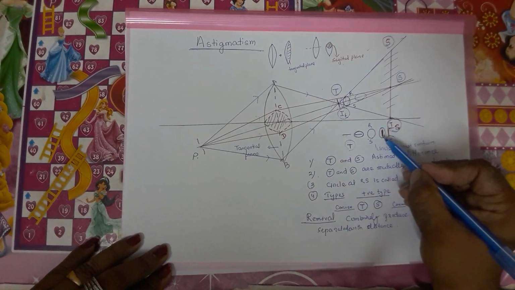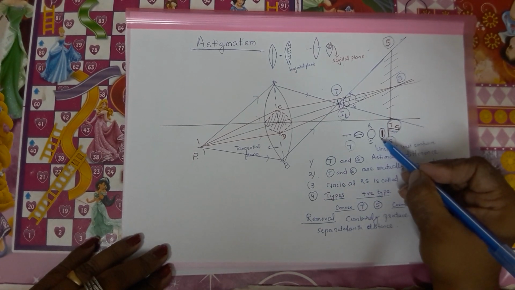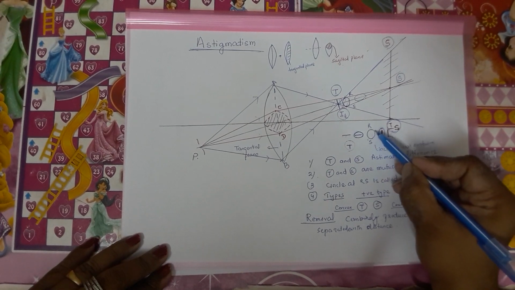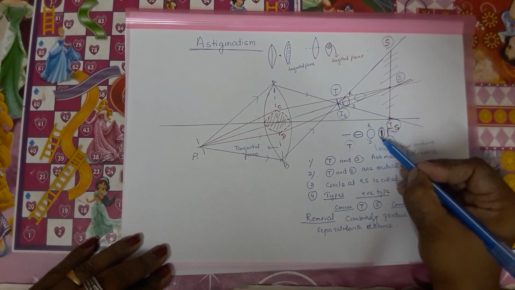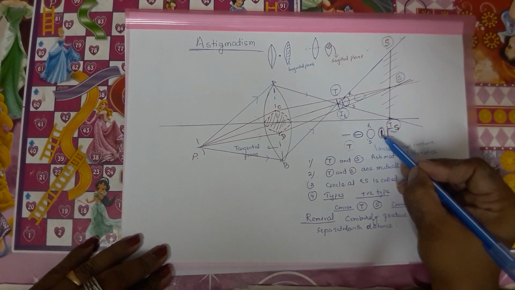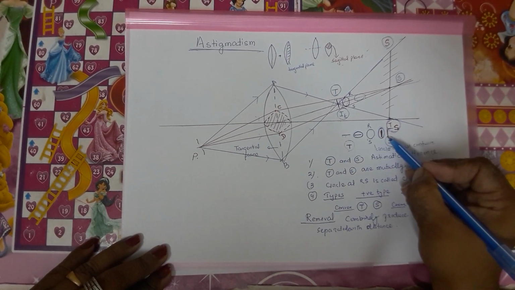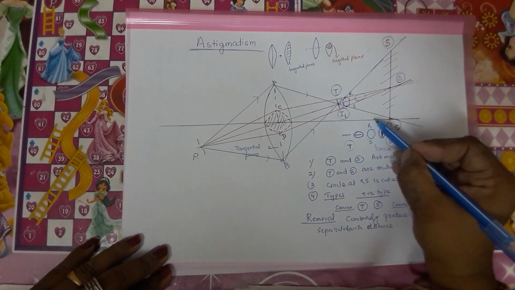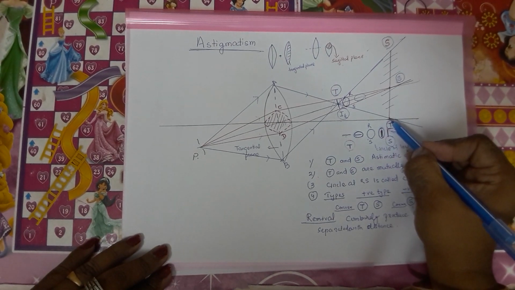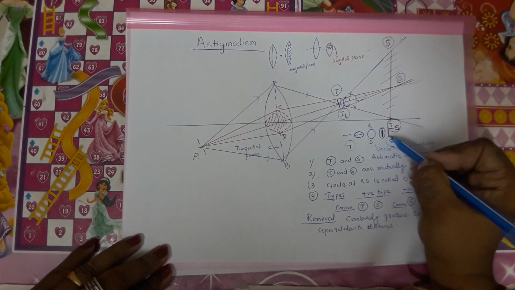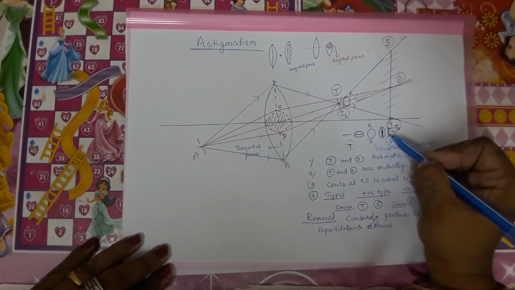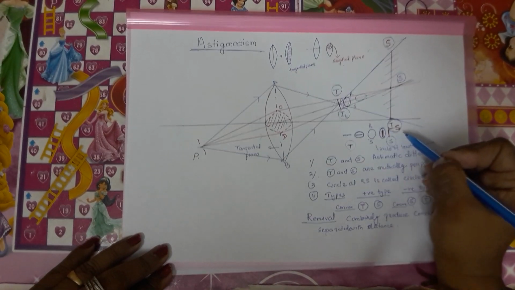If I move the screen further, the circle is again converted to an elliptical image where the major axis is parallel to the vertical plane. And if I change the screen to the IS position, I will get a straight line in a perpendicular plane called IS.